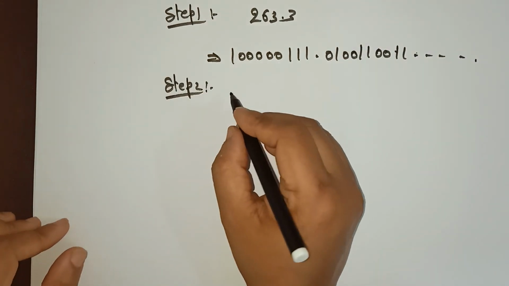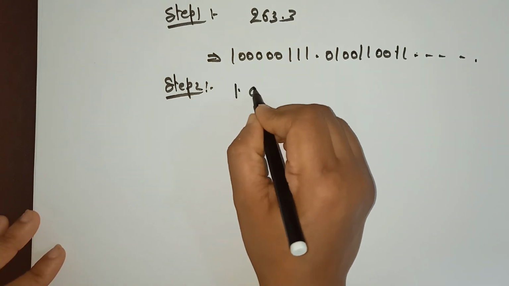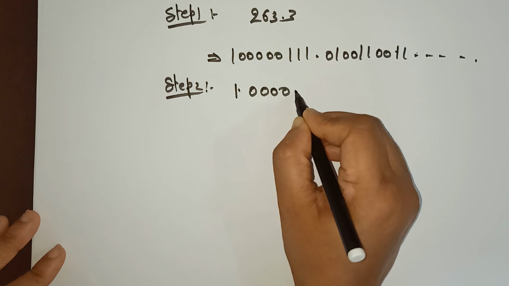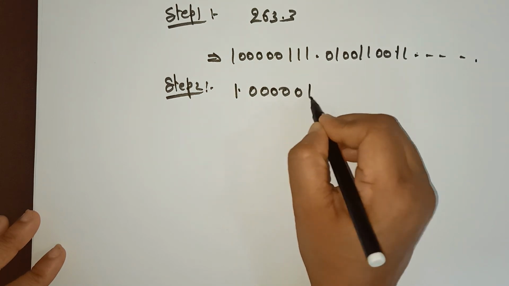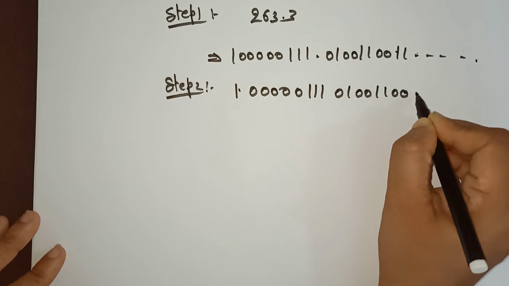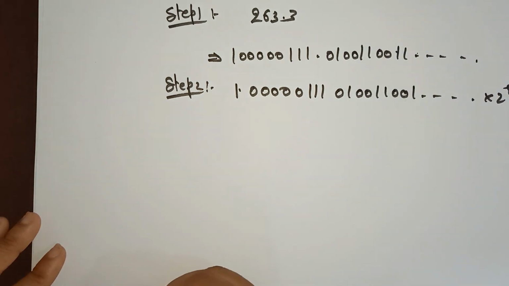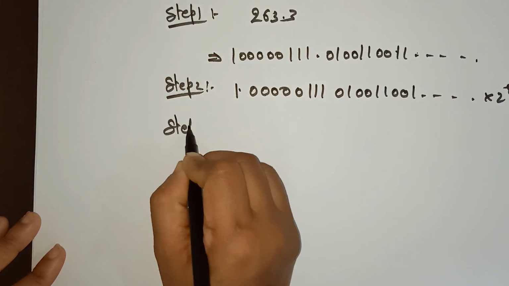Step 2 is you have to represent it in the single precision format, that is 1.0000111 0100110011, and so on, into 2 power 8.